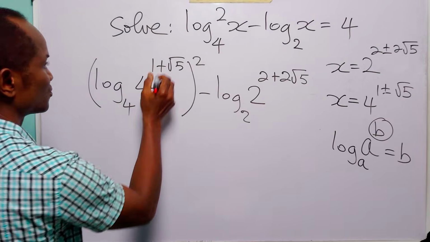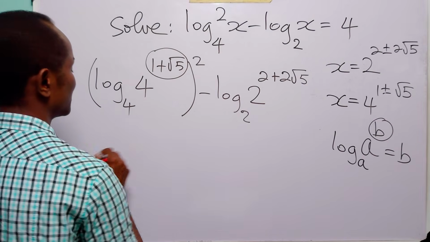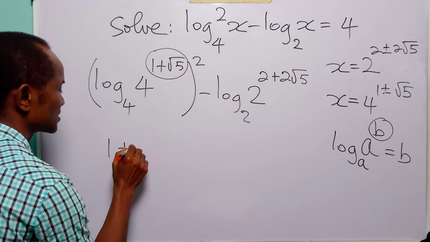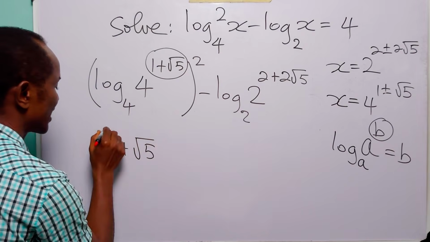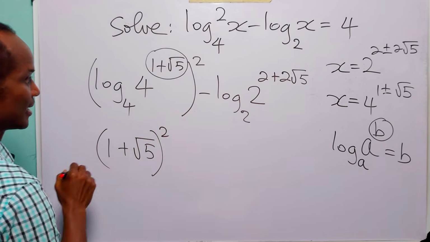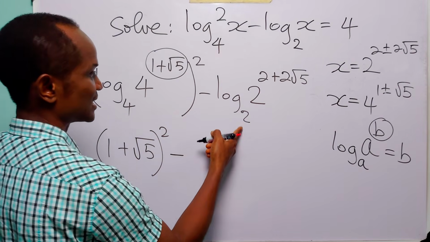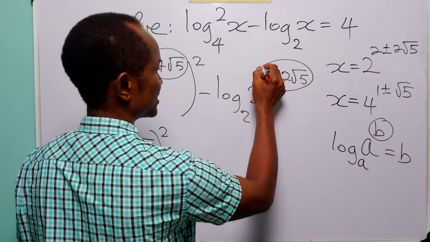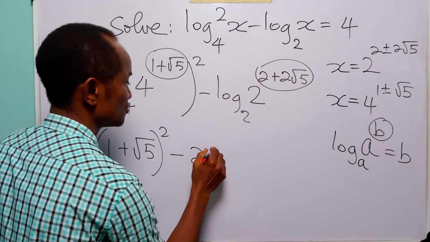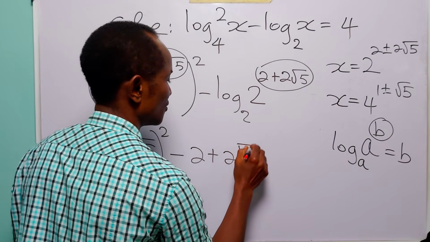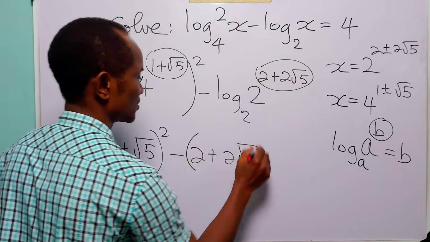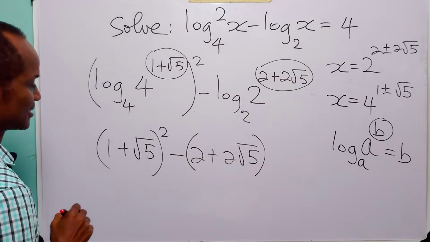So here, what we have is 1 plus root 5 squared minus, in this case, 2 plus 2 root 5. Of course, this is going to be in brackets.